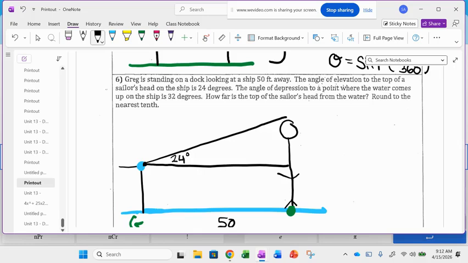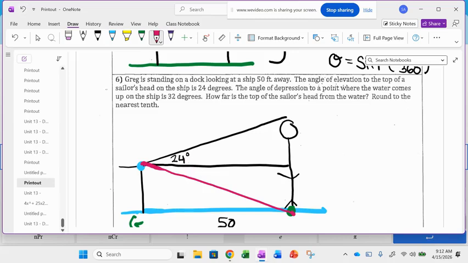So that angle of depression is coming from Greg once again, but this time instead of looking up, he's looking down. And one line of that angle is looking down and the other one is horizontal, right? And this is 32 degrees.